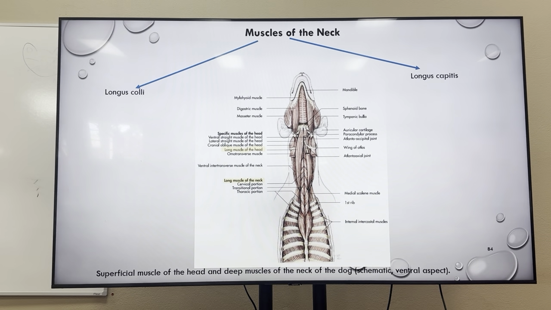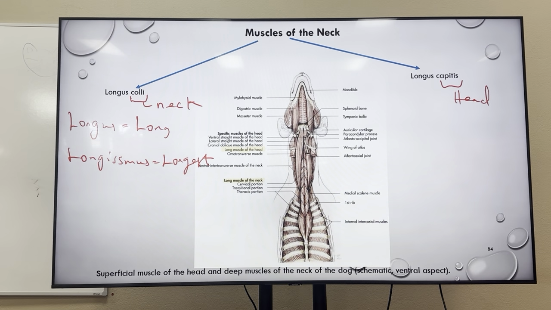So longus colli and longus capitis. Longus means long, longissimus means longest. Colli means neck, capitis means head.